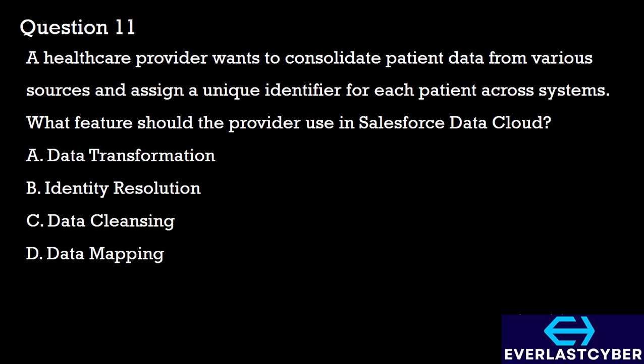B. Identity resolution helps to match and merge records from different sources by assigning a unique identifier to each individual. Data cleansing corrects or removes inaccurate or incomplete data entries to improve data quality, while data mapping involves the alignment of data fields from different systems with fields in Salesforce Data Cloud.